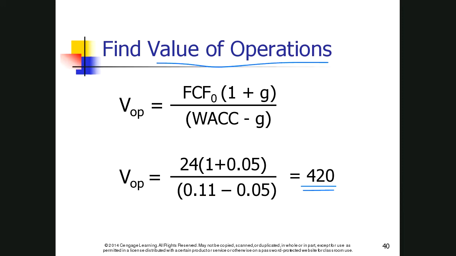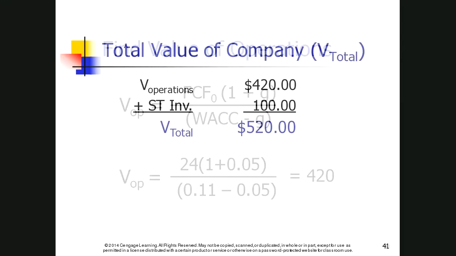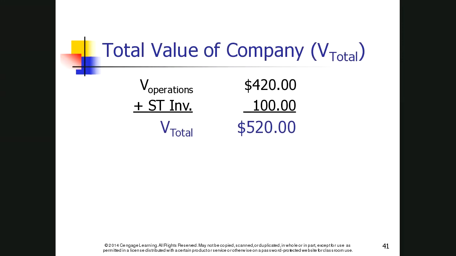Okay, you take that value and add the short-term investments, whatever other kinds of holdings, which are supposedly a lot easier to evaluate. So in this particular case, the problem has already told you that it's 100 million. So you just add that part in there. Then we get the total value of the company, which is 520.